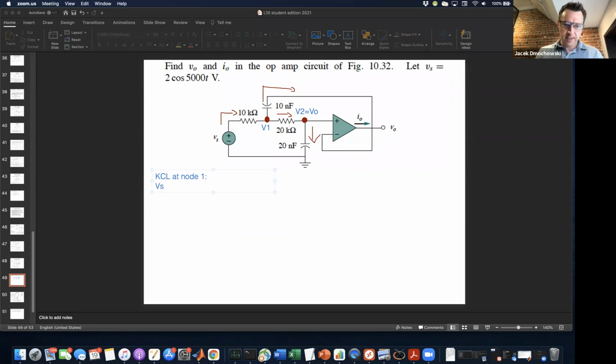So Vs minus V1 over 10,000, expressed in engineering notation, is equal to V1 minus V naught over 1 over jωC, plus V1 minus V naught over 20E3.